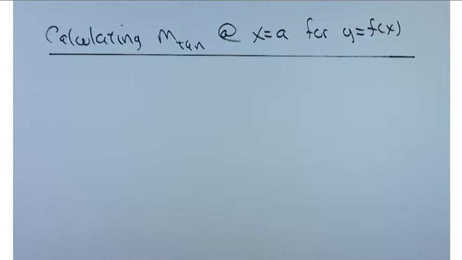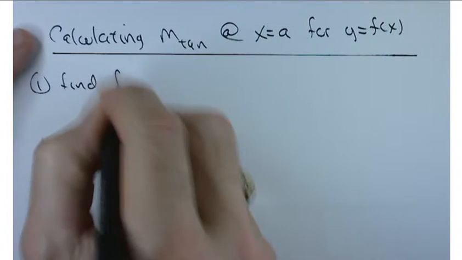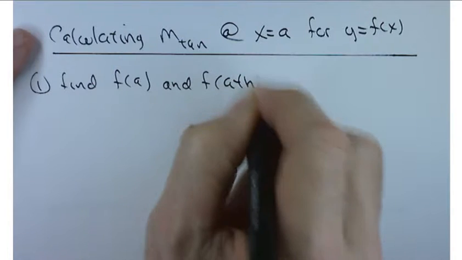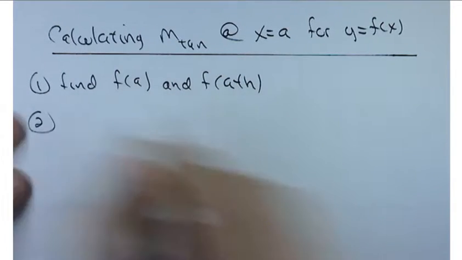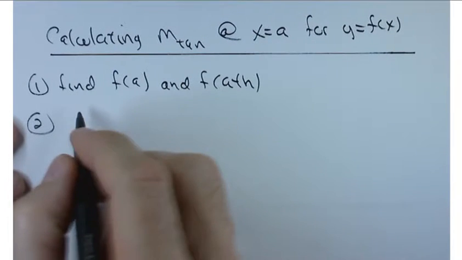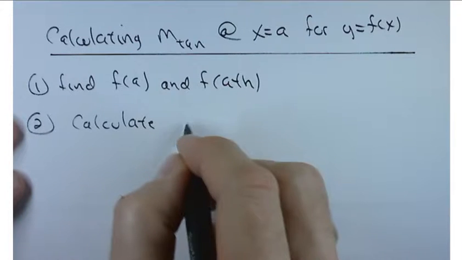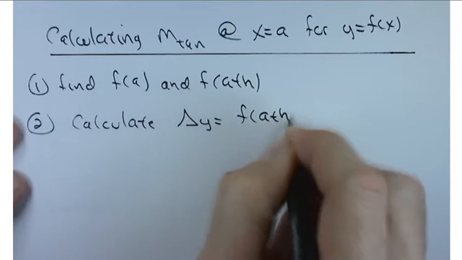So the first step is to find f of a and f of a plus h. The second step is to calculate delta y, which is f of a plus h minus f of a.